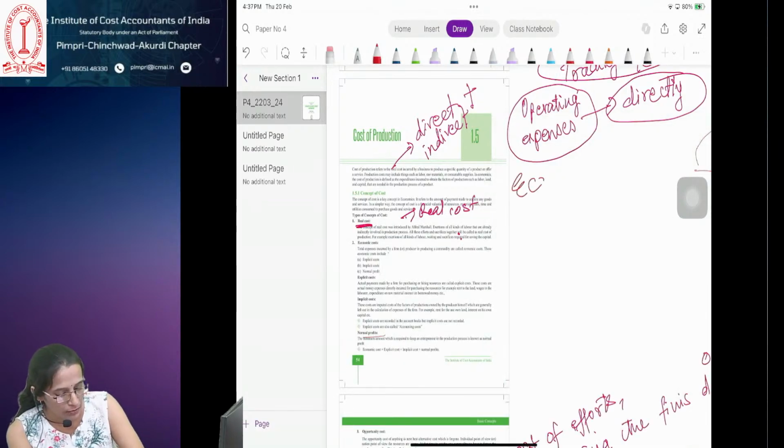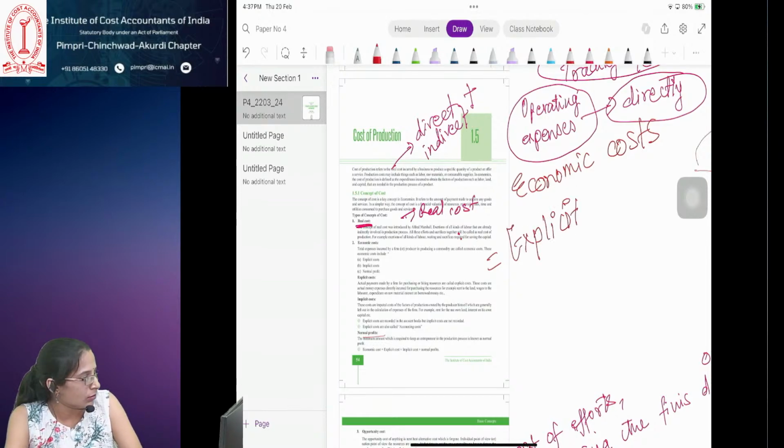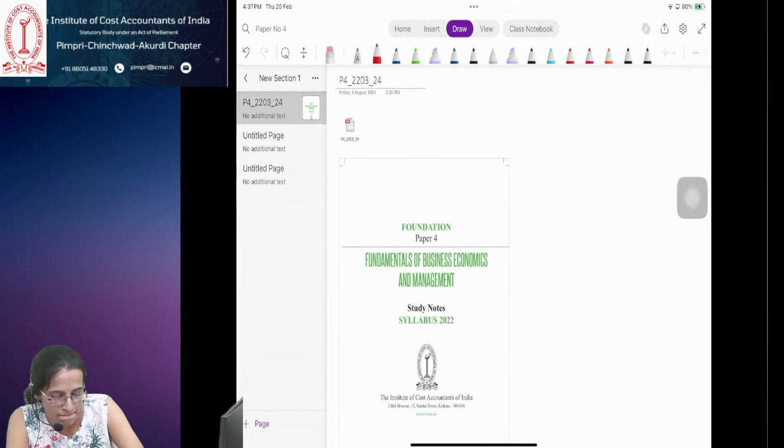So, economic cost, is that clear? Explicit cost. A question from Shraddha. She is asking us on Teams: is economic cost an expense?